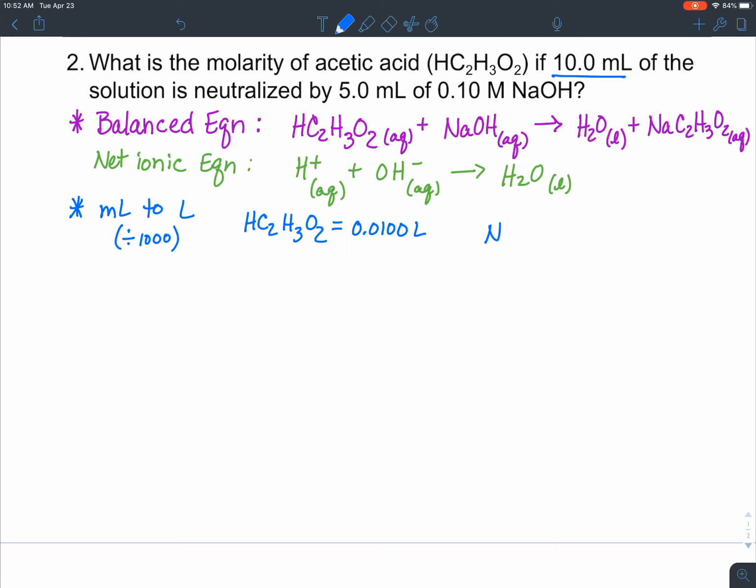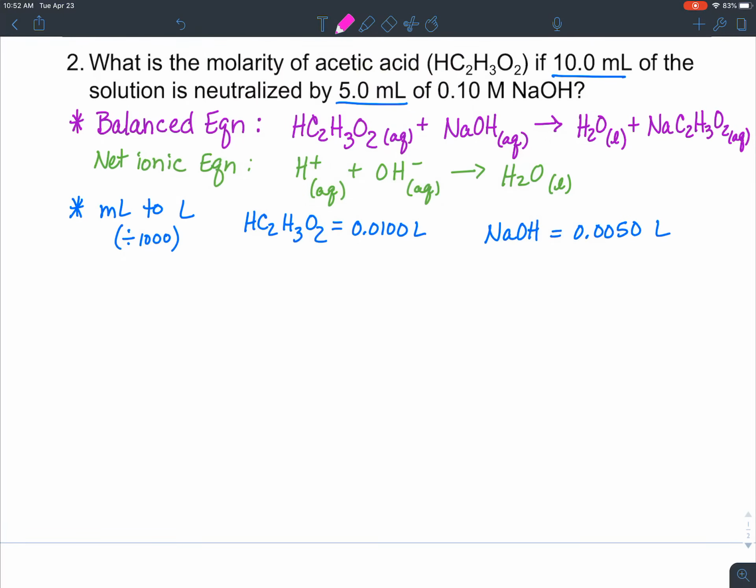And for our sodium hydroxide that was added in order to neutralize this, we have the 0.10 molar. That's not what I want. I want the 5 milliliters. And so that's going to be equal to 0.0050 liters. Okay, and so we want to have our volumes in liters for this.